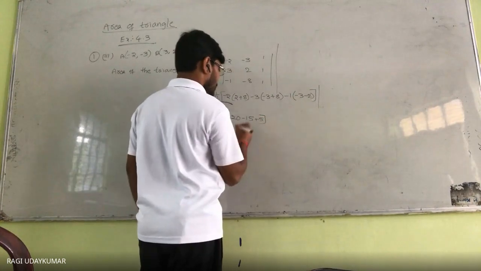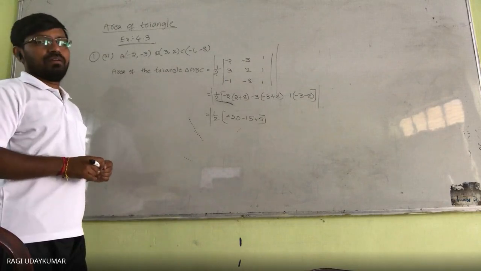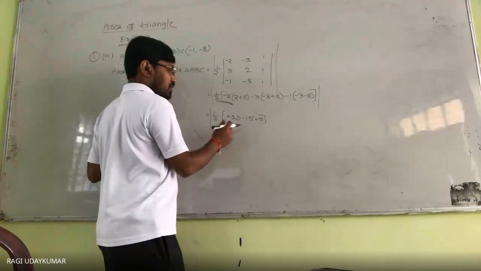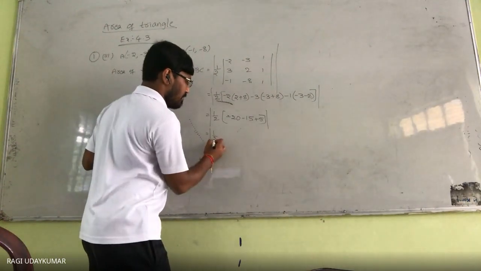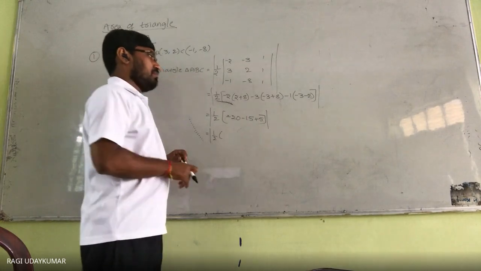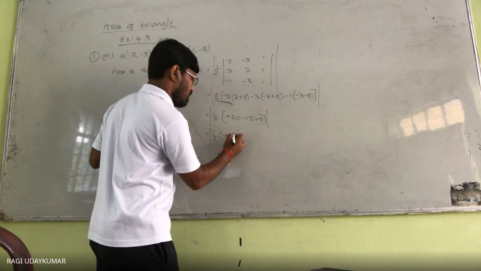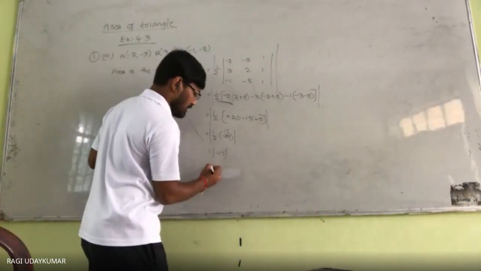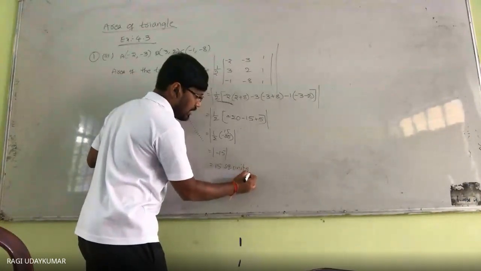So what is the answer? Minus 30. In the modulus, half of minus 30 is modulus minus 15, which equals 15 square units, the area of the triangle.